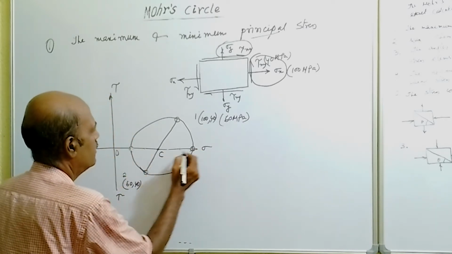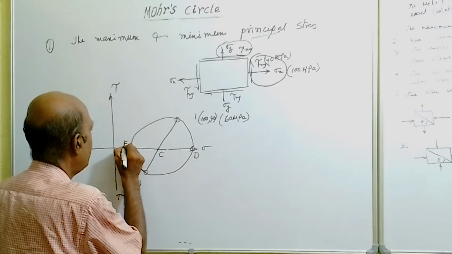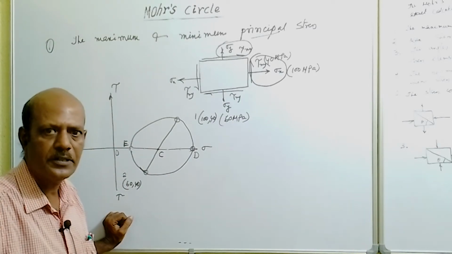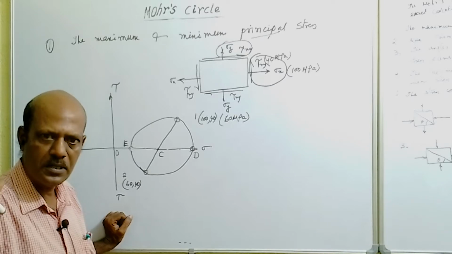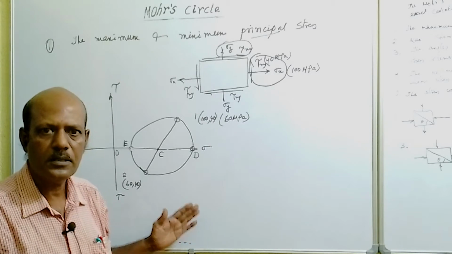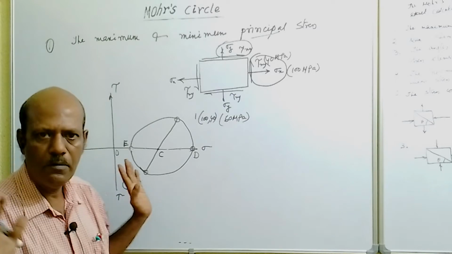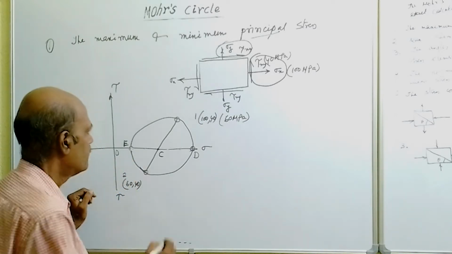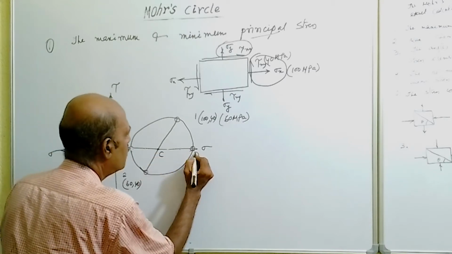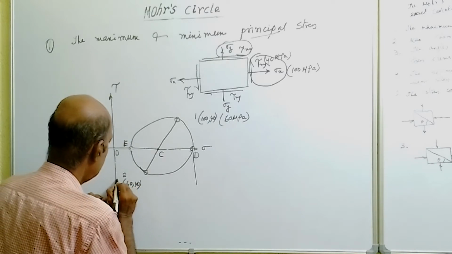If we mark them as point D and point E, then the normal stress corresponding to point D will be the major principal stress, and the normal stress corresponding to point E will be the minimum principal stress. So measure the distance from 0 to D, this distance.